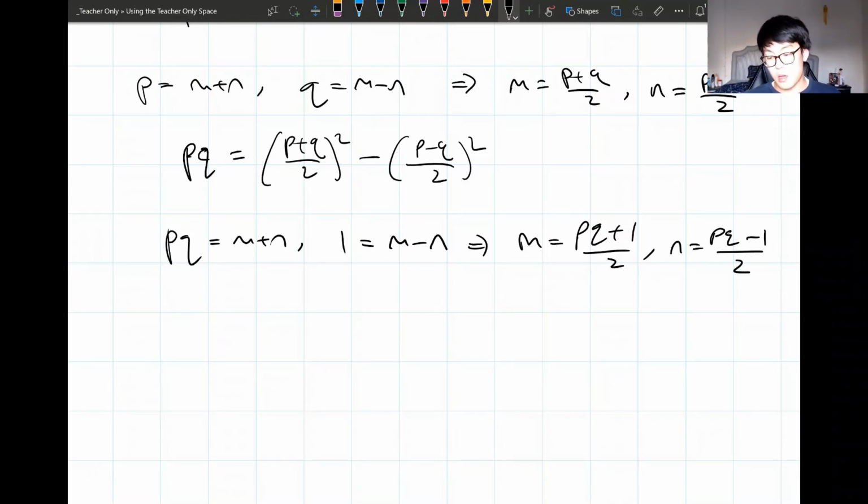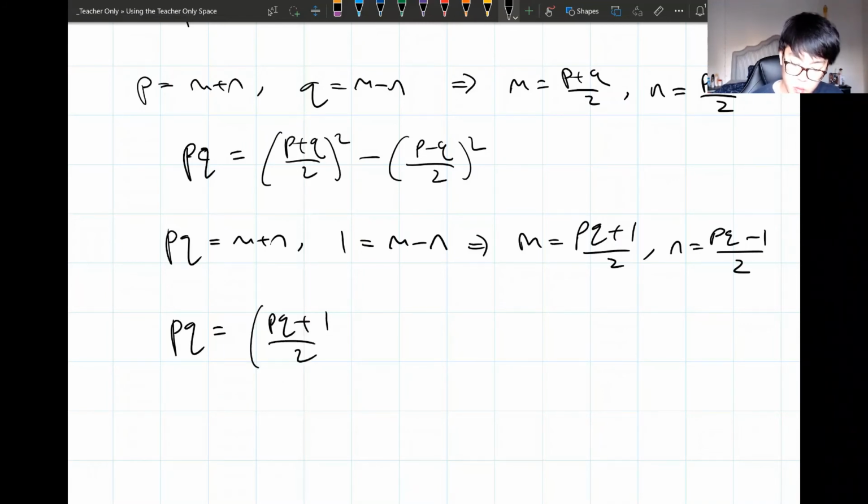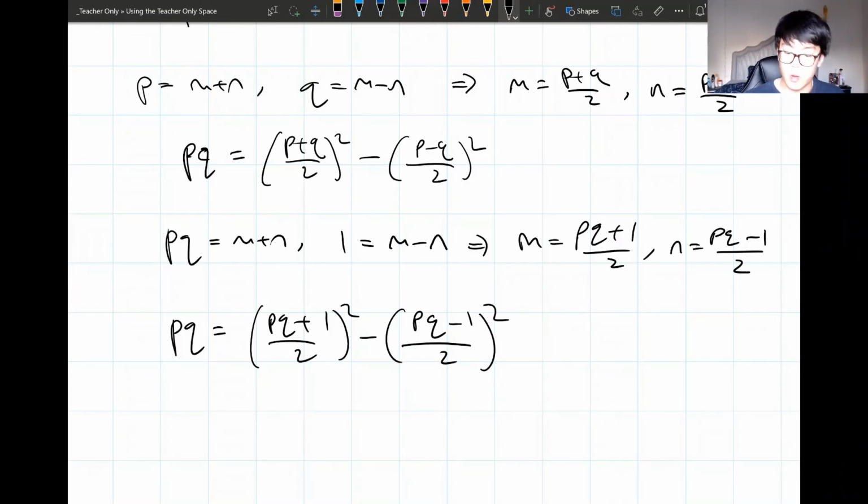Again, p and q are odd, so pq is therefore also odd, and so pq plus 1 and pq minus 1 are even. We can also represent this in the form ((pq plus 1) over 2) all squared minus ((pq minus 1) over 2) all squared.